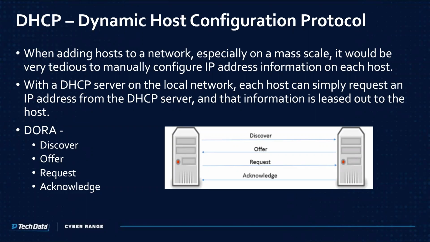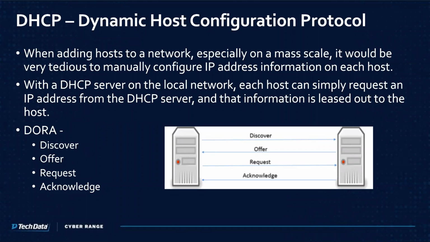The requesting device discovers the DHCP server. The DHCP server offers it a lease. The device requests that offer, and the DHCP server acknowledges that request, solidifying that the IP address it initially offered and was then requested back was given and leased out.